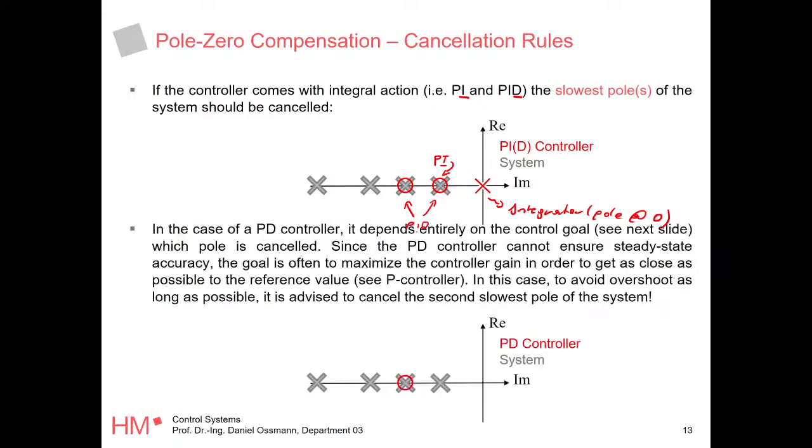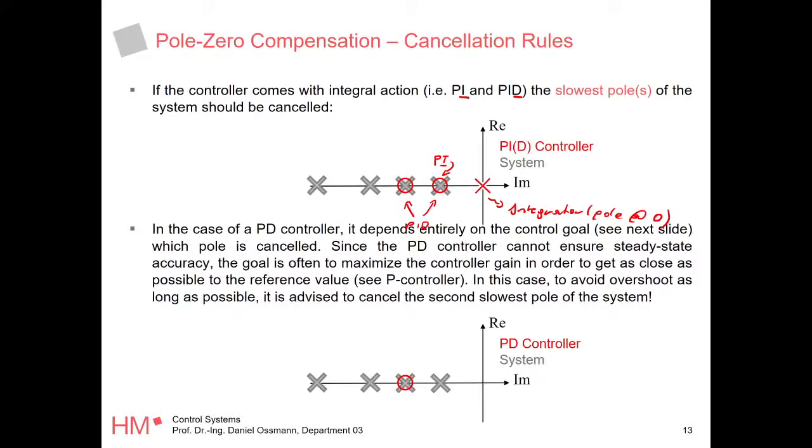In case you have a PD controller, the situation is not so fully clear. The problem here is that if you have a PD controller, you're basically not interested in steady state accuracy, right? Or you use a PD controller because you cannot introduce an integrator.